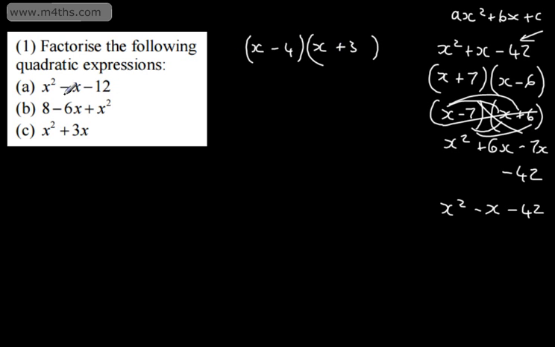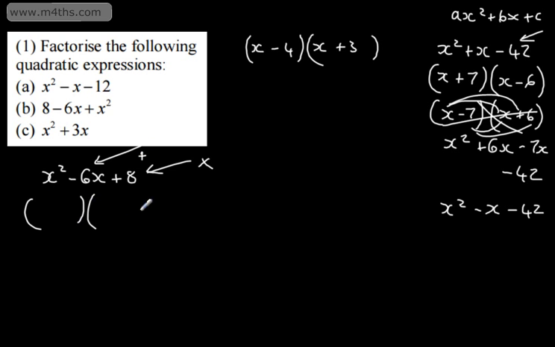Okay, we've got 8 minus 6x, and then we've got plus x squared. We need to rewrite this in the form ax squared plus bx plus c. So x squared minus 6x plus 8. Two numbers that multiply to give 8 and add to give negative 6.